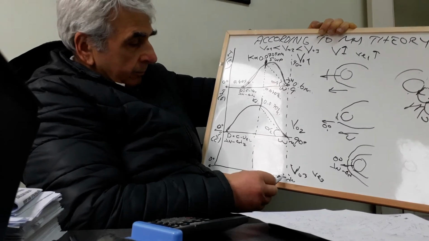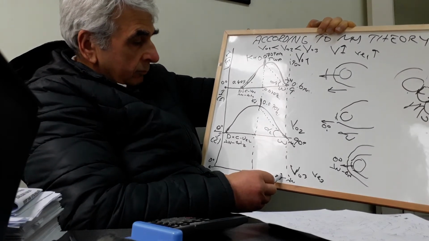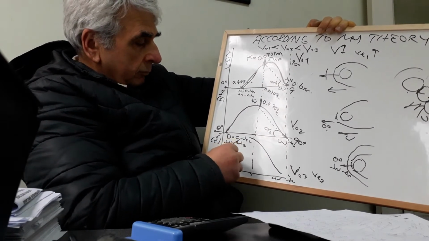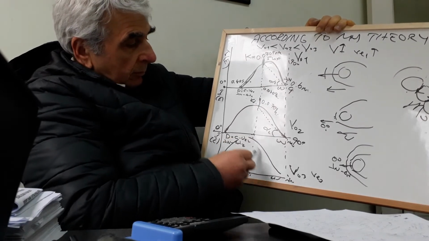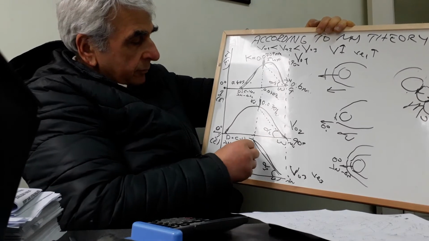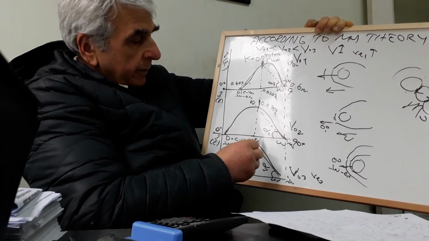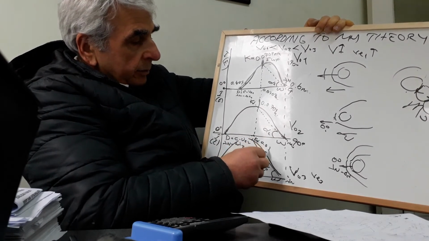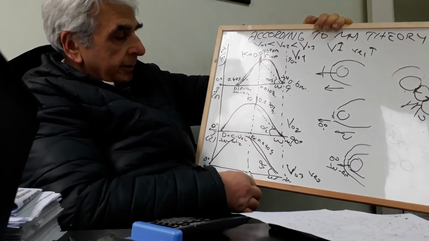Okay, here. Greater alpha 3. This point K alpha, 0.0.